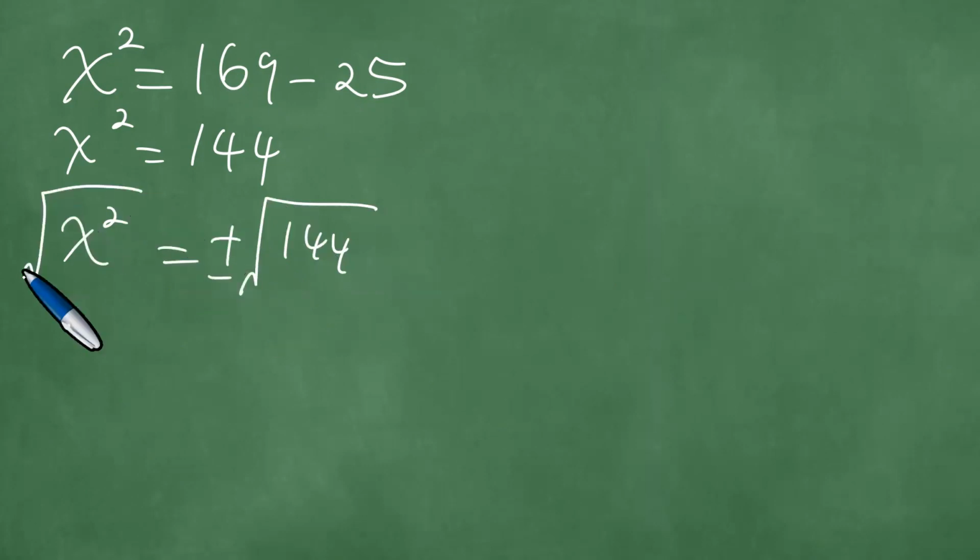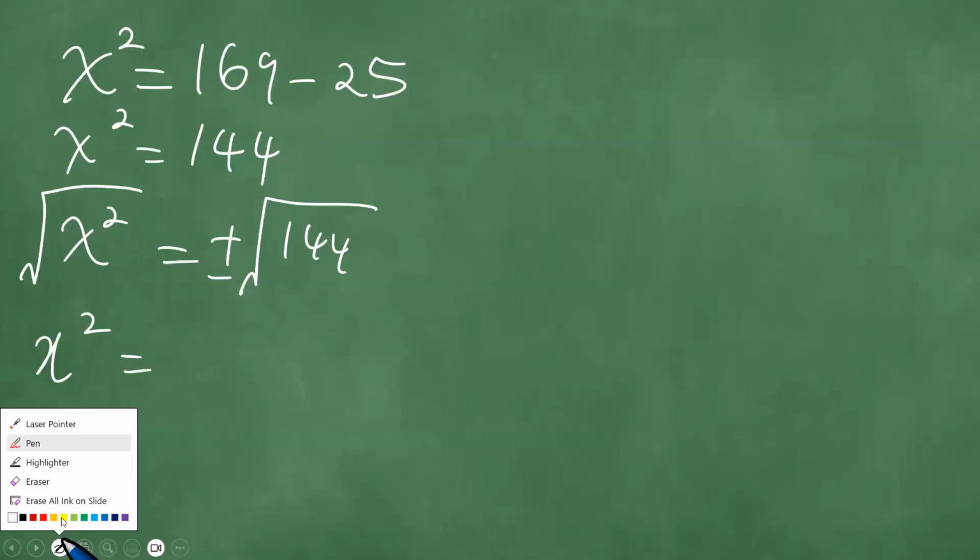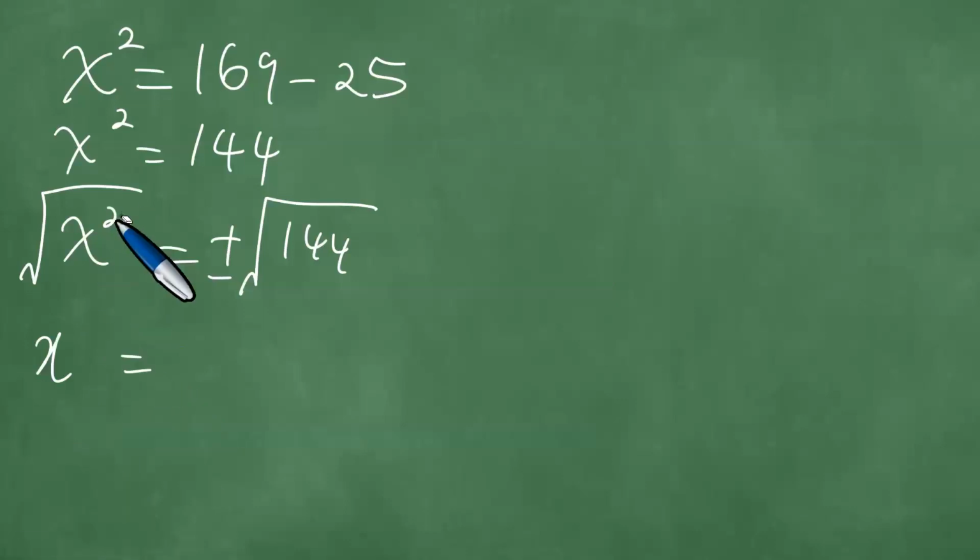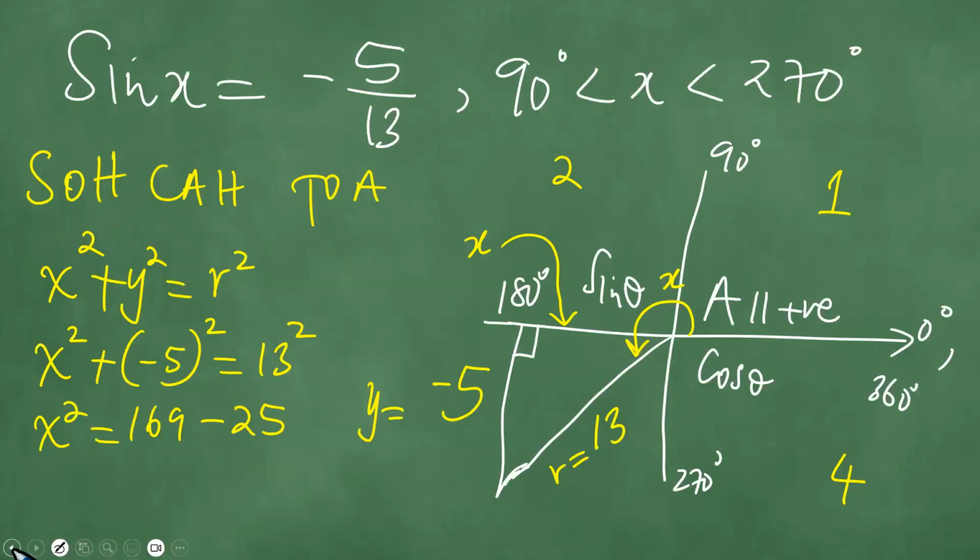We also apply the square root here so that we have only just x, because the square root removes the square from the x, and therefore we have the square root of 144, which is only 12. So x is plus or minus 12.